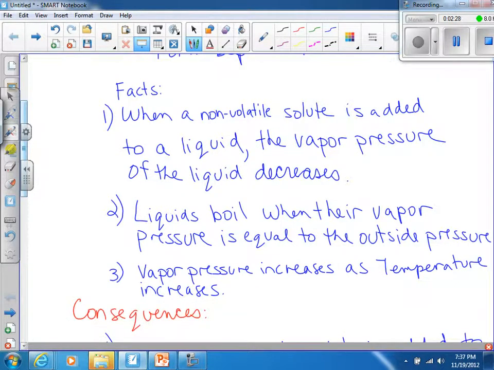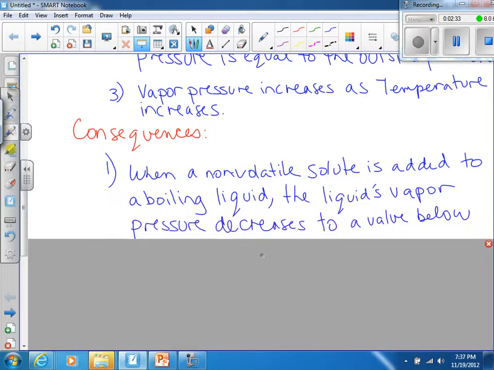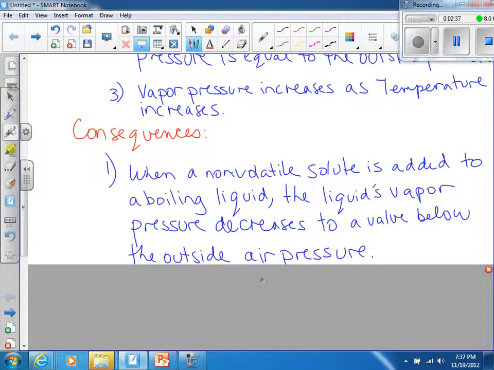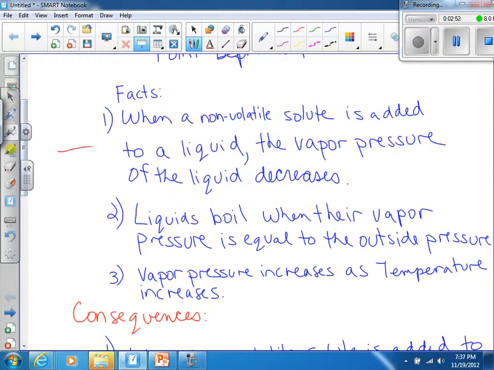Okay, so the consequences of these three facts. The big first consequence: when a non-volatile solute is added to a boiling liquid, the liquid's vapor pressure will decrease to a value below the outside air pressure. That's because of fact 1. When we add a non-volatile solute to a liquid, the vapor pressure of the liquid decreases.